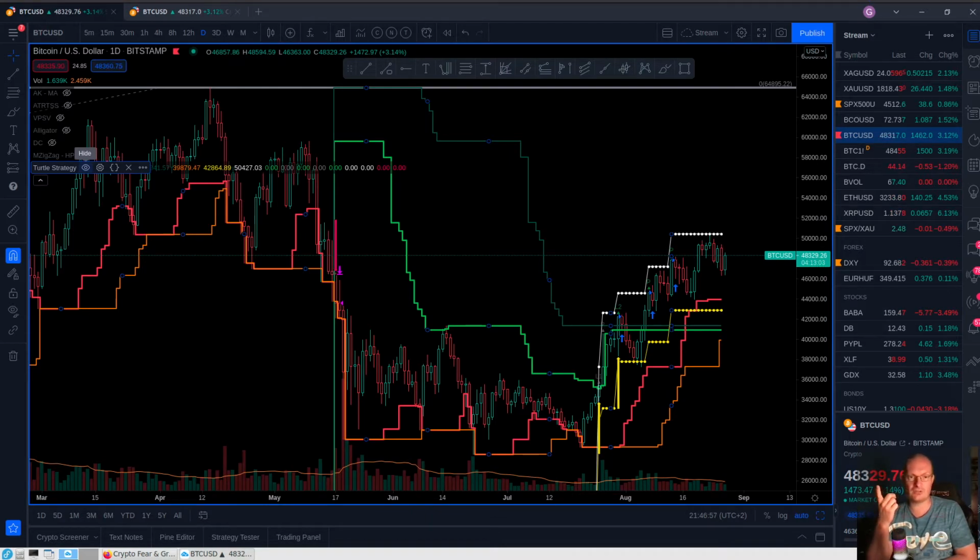But the turtle traders had to look at the ATR value, the average true range. If there was high volatility, they had to go with a smaller position size, and if there was not so much volatility, they could go higher.